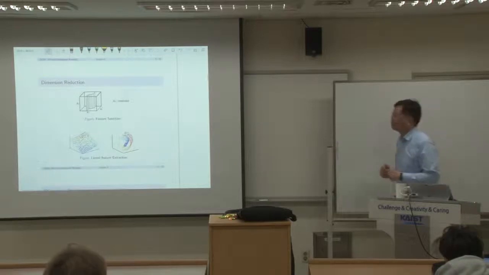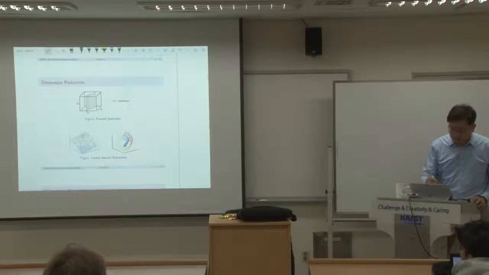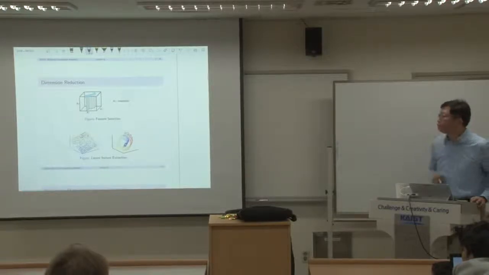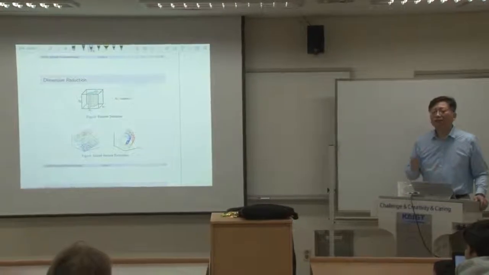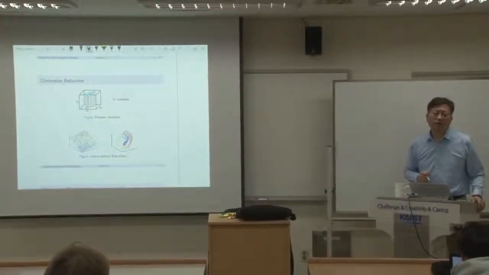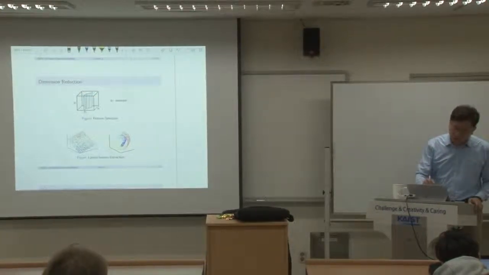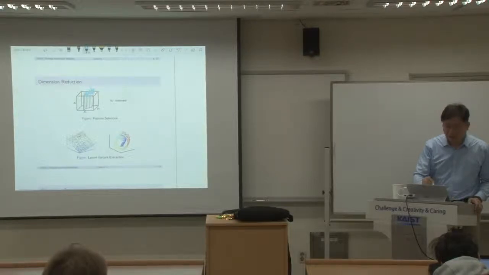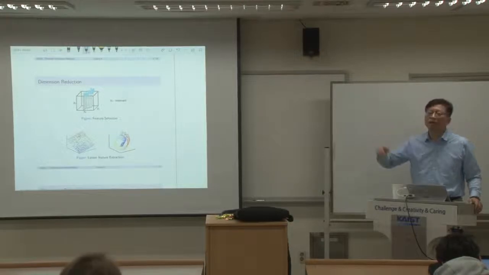So here are some other examples. In this case, the data lies here, and you can see that all the data have the same X3 value. This is sort of the extreme. Let's say there's some noise on this side, up and down, but the X3 value is pretty much the same.